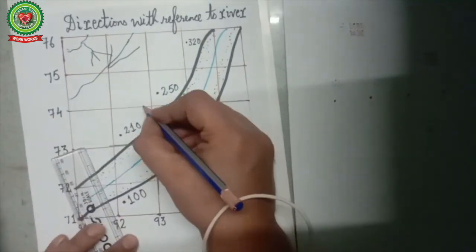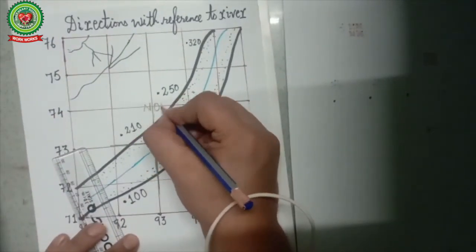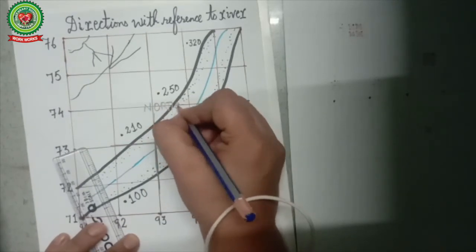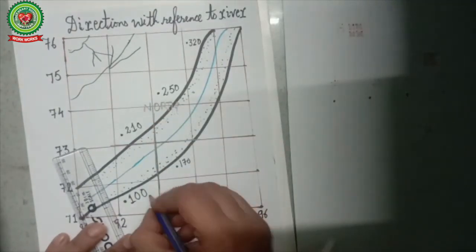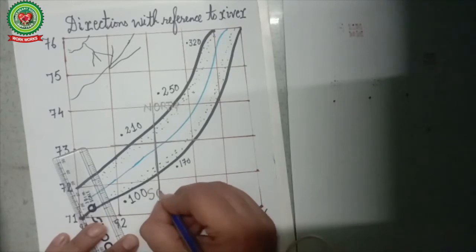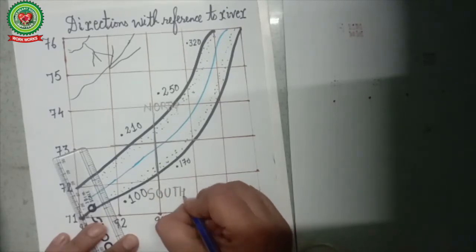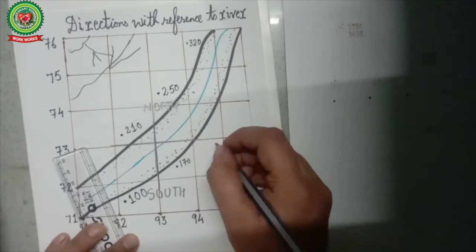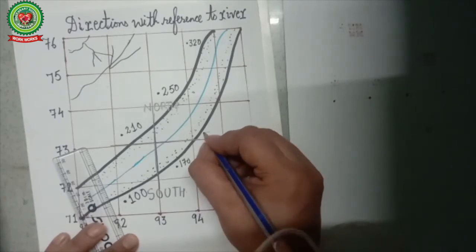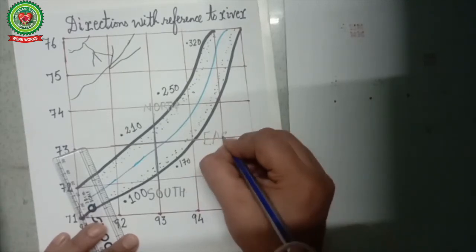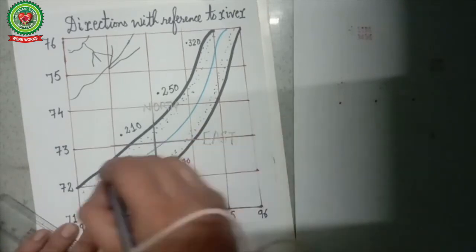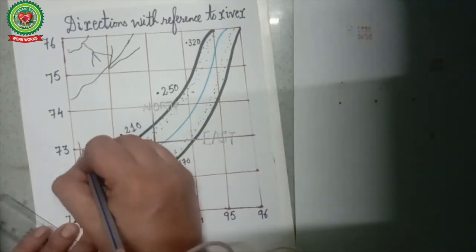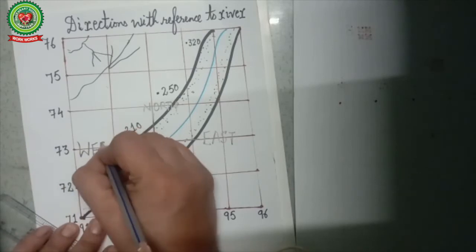We already know on the top we have north, in the bottom we have south, towards the right we have east, towards the left we have west.